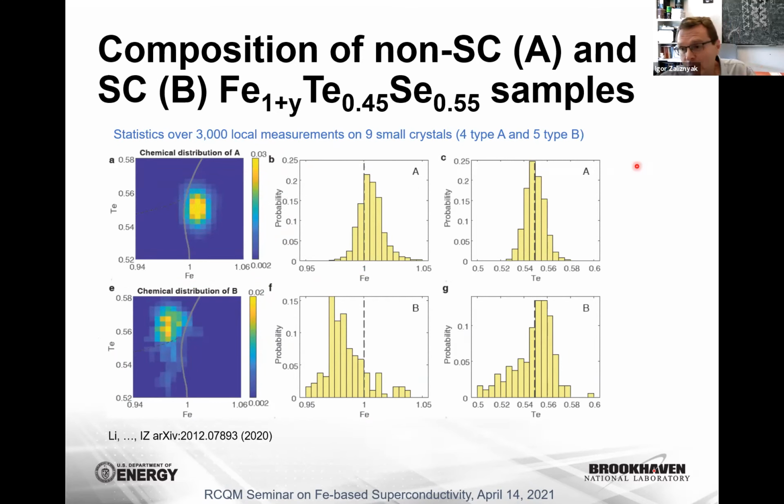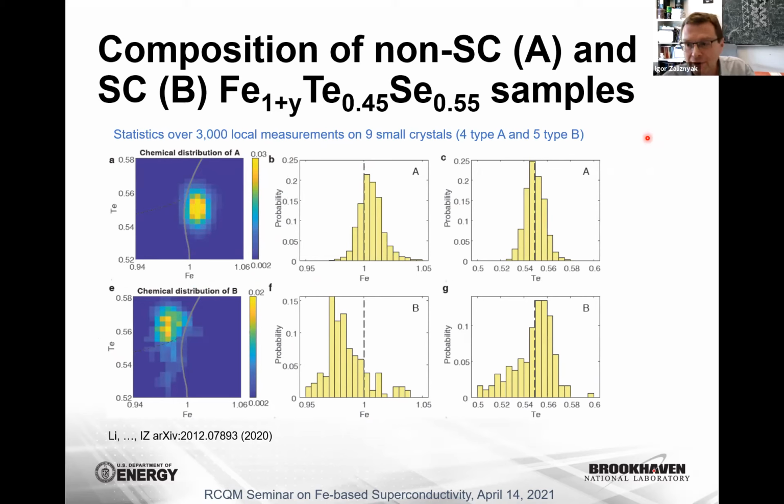The main question we asked, based on the neutron scattering results, was what is the composition of our samples? What this represents is a histogram of composition, a humongous compositional distribution measured on these humongous grids on 9 samples.